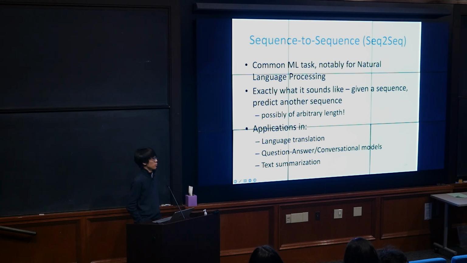So, given a sentence, predict another sentence, or given some time series information, generate some other time series information. But the major thing here is that the lengths might be arbitrary, right? Your input sequence and your output sequence might not be the same length.